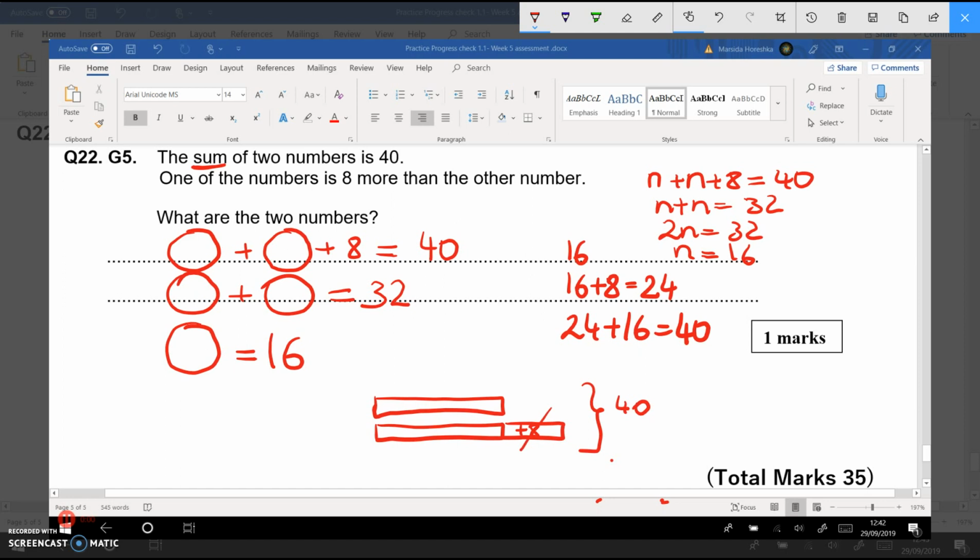So if we eliminate this, that means that these two will be equal to 32. So one of them must be 16. So 16 and 16 plus 8 gives 24. So one number is 16 and the other one is 24.